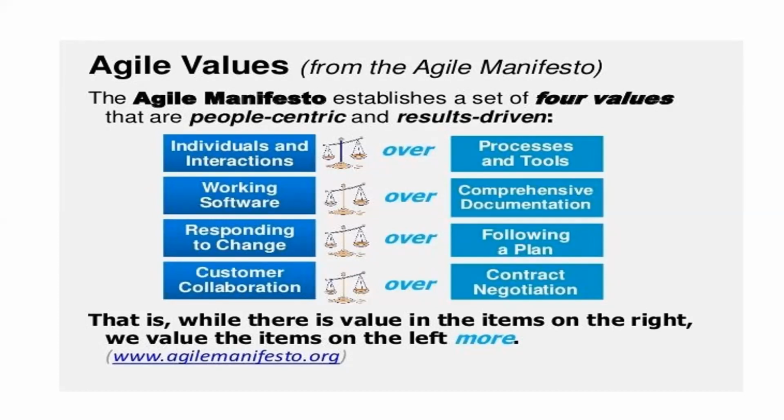So we prefer individuals and interactions to processes and tools. What that means is that Agile promotes face-to-face continuous communication, interacting with the co-located team, and interacting with the stakeholders and the project owner to get feedback, to make sure that, as I've said in the past, we are building the right things, rather than following a rigid process and tools.